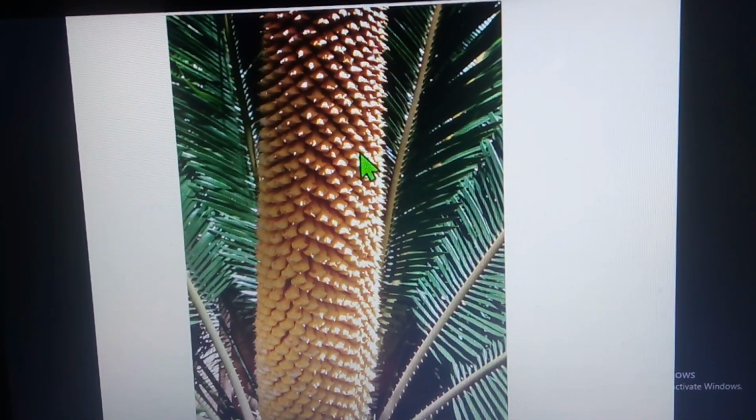Here you can see these are the Microsporophylls.